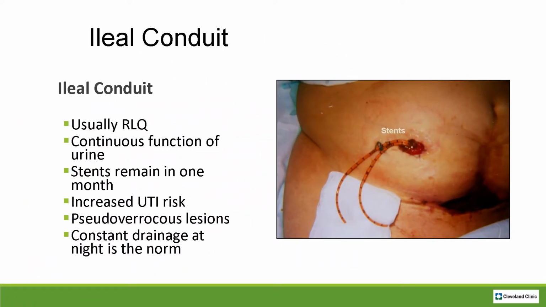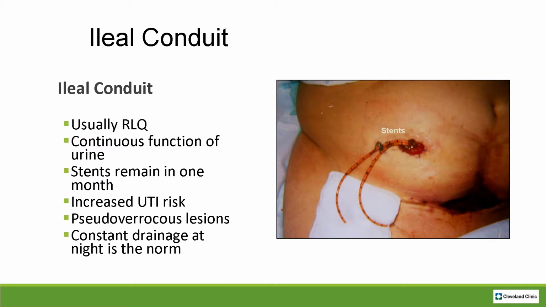The right lower quadrant is the usual location to site preoperatively for an ileal conduit. Again, external stents are most generally placed during surgery and can be seen in this photo. Ileal conduits will function immediately and continuously with urine. The urine does not irritate the skin the same way a fecal stoma does.